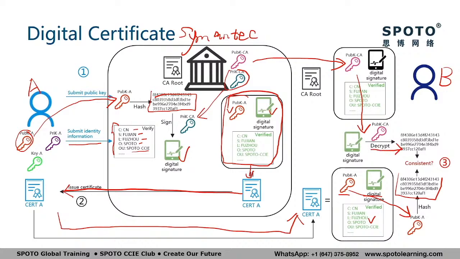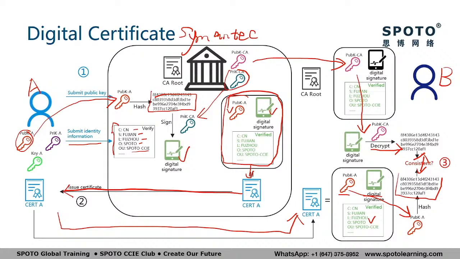It gets a hash value and compares the two to validate if the certificate is genuine, if user A is a genuine user. By doing that, user A passes its public key to user B. In the meanwhile, user B validates this is a validated key from a genuine user A. So this is the process of how the digital certificate works, and how user A passes the public key to user B.